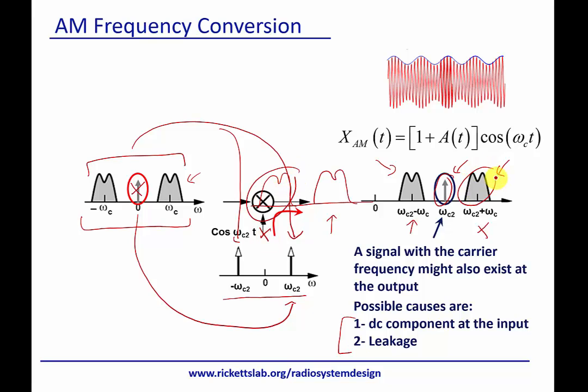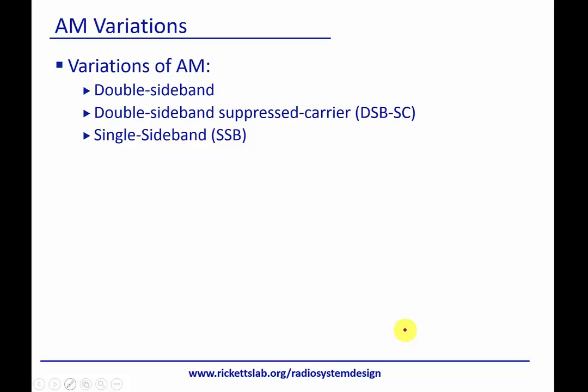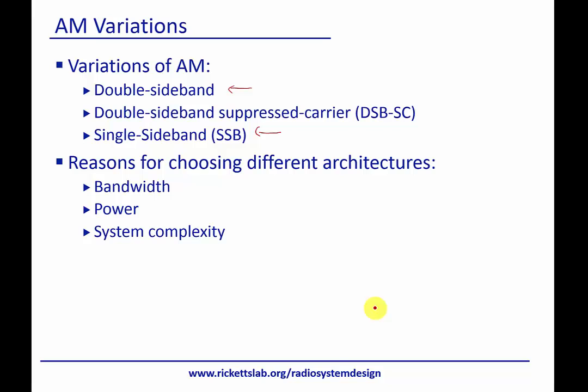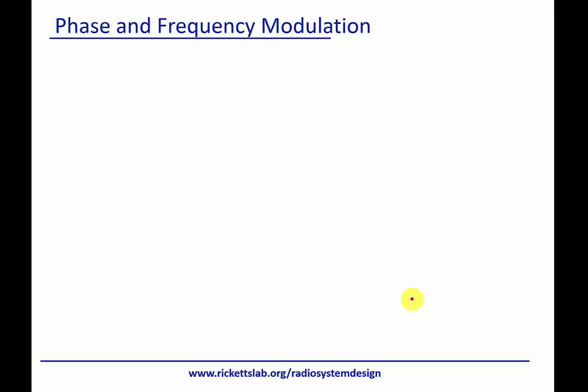So one of the things we'll learn about in AM is that we can transmit both sidebands, or we can just transmit one of those sidebands to save energy. And we'll talk more about that in the next module. And like I said before, the reason to choose different AM architectures is based upon power, bandwidth, system complexity, and perhaps other design trade-offs. So now we want to talk about phase and frequency modulation.